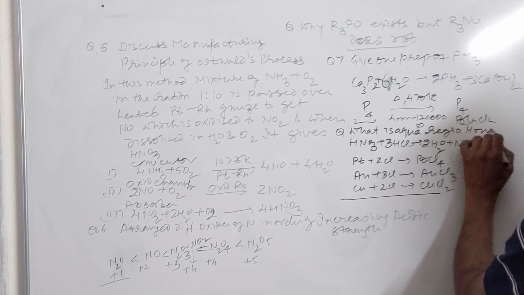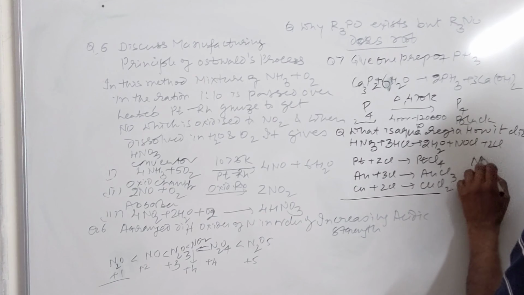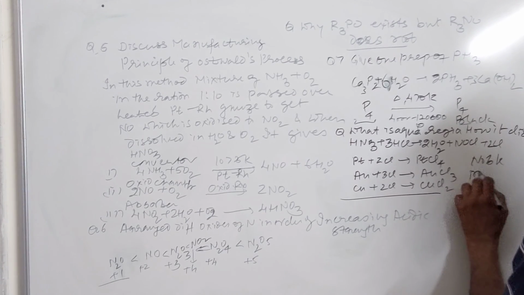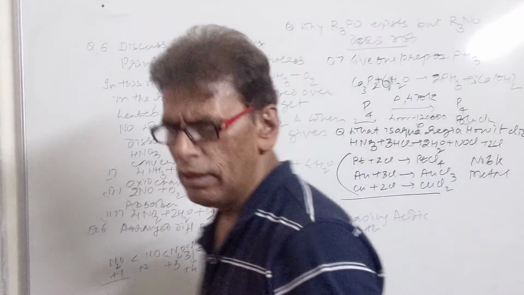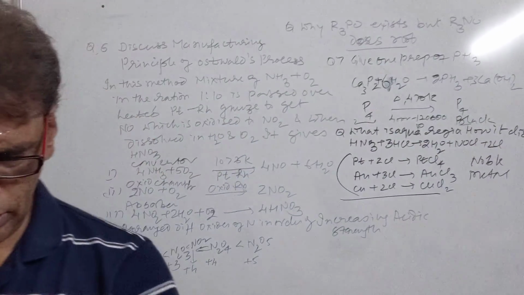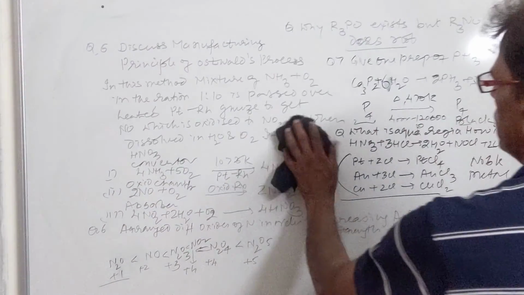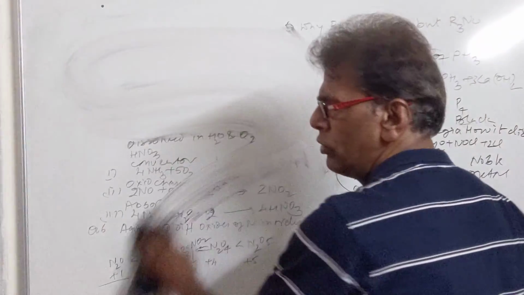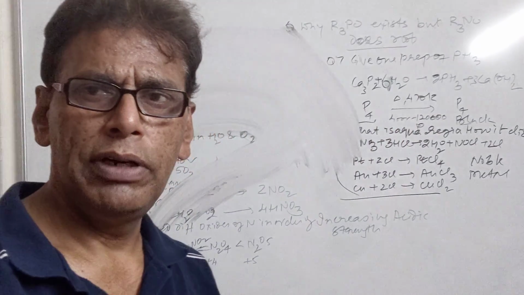How does it dissolve noble metals? Noble metals को ये कैसे dissolve करता है? We have seen these are noble metals which do not react under general conditions, but under aqua regia they react. So this is all about our nitrogen family. Tomorrow we'll take up the other family, that is oxygen.